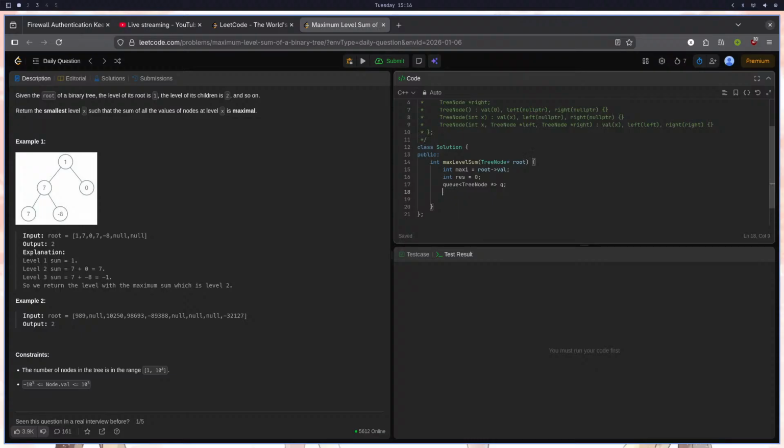If push root, what the fuck? Cannot push root. And max equal to INT min, equal to minus, equal to 0. Why? Hold on.